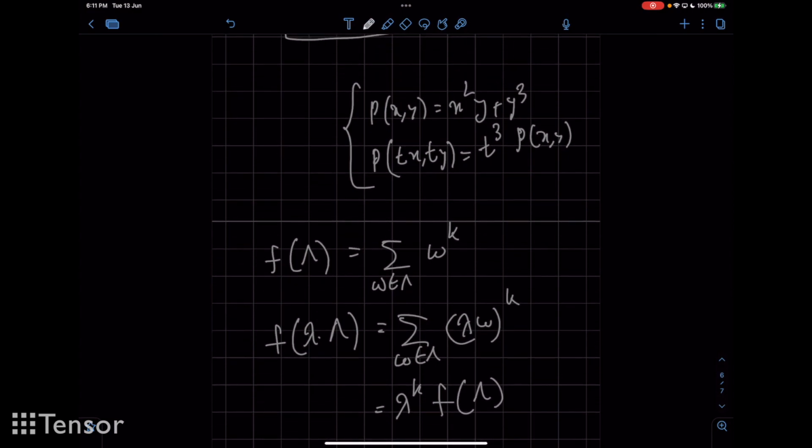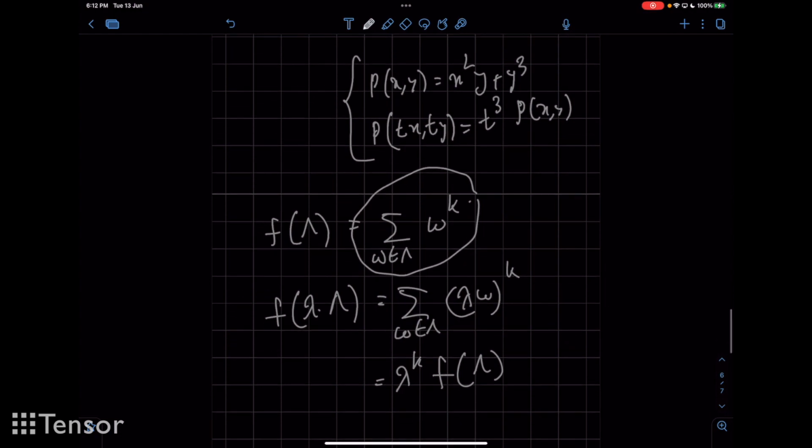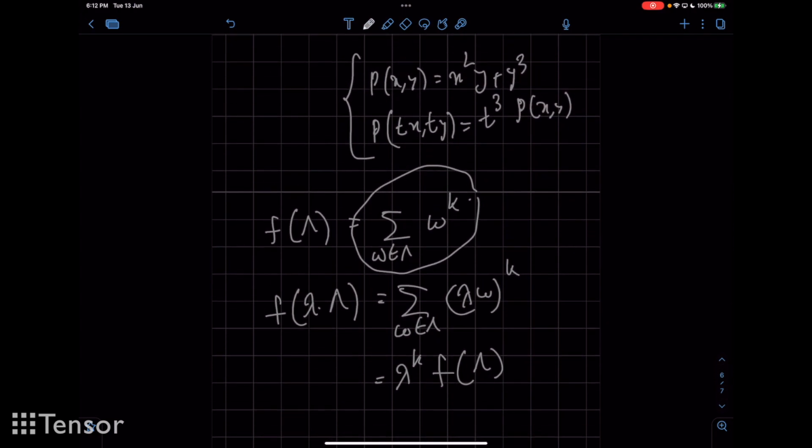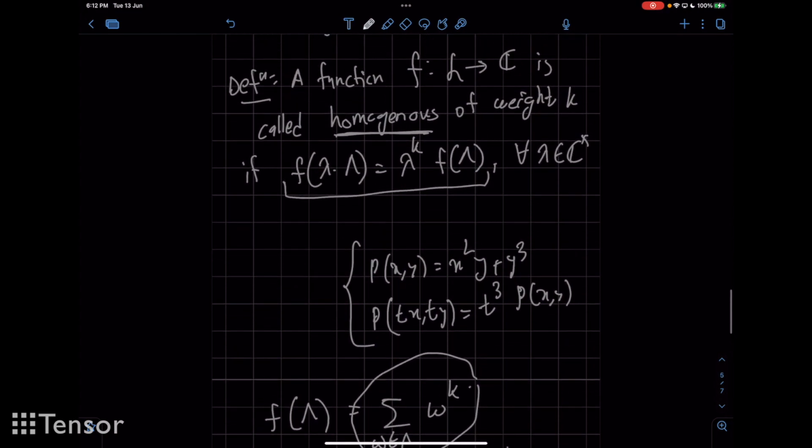But the problem is this doesn't converge for positive k, because a lattice is not a bounded set. We have an unbounded set, and we are raising all its elements to a positive power, so this sum is not going to converge. That is why we introduce a negative sign here.